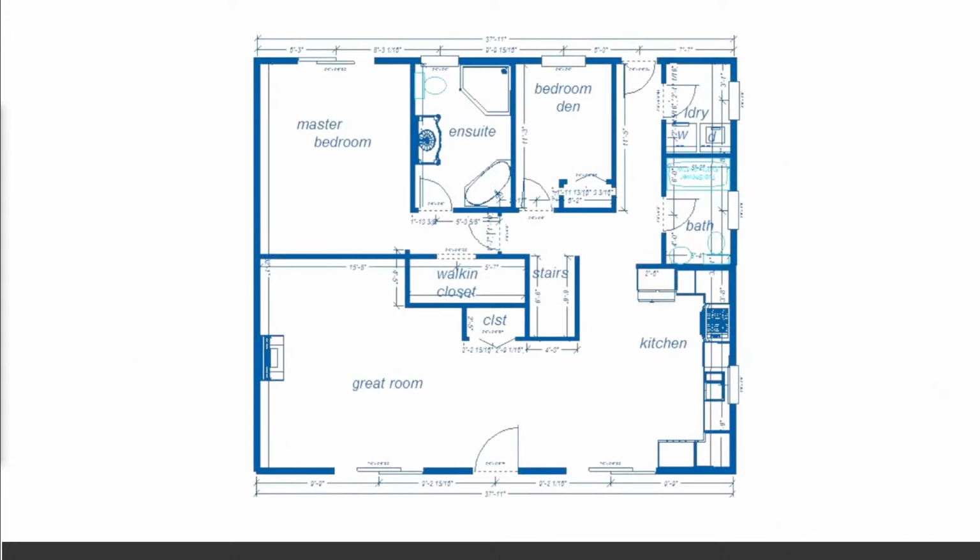Right? So when we look at a floor plan, we look at something like this. And this gives us our floor plan, our blueprint, for a house. And let's just imagine for a minute that none of these room names are there.